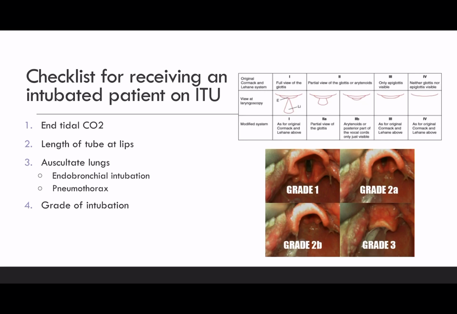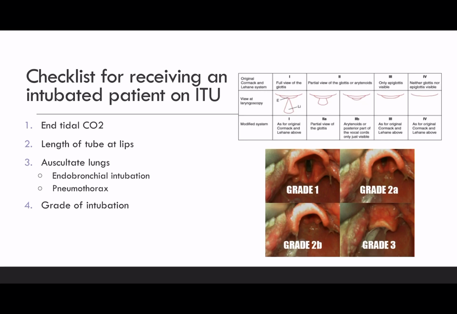So when you're receiving a patient who's been intubated either in A&E or in theatres, and they come to the intensive care, you as the junior are likely to be the person who receives the patient, clerks them in, and gets the paperwork done. Now, when you're receiving a patient, thinking specifically about the airway, it is important to always go through this checklist in your mind.